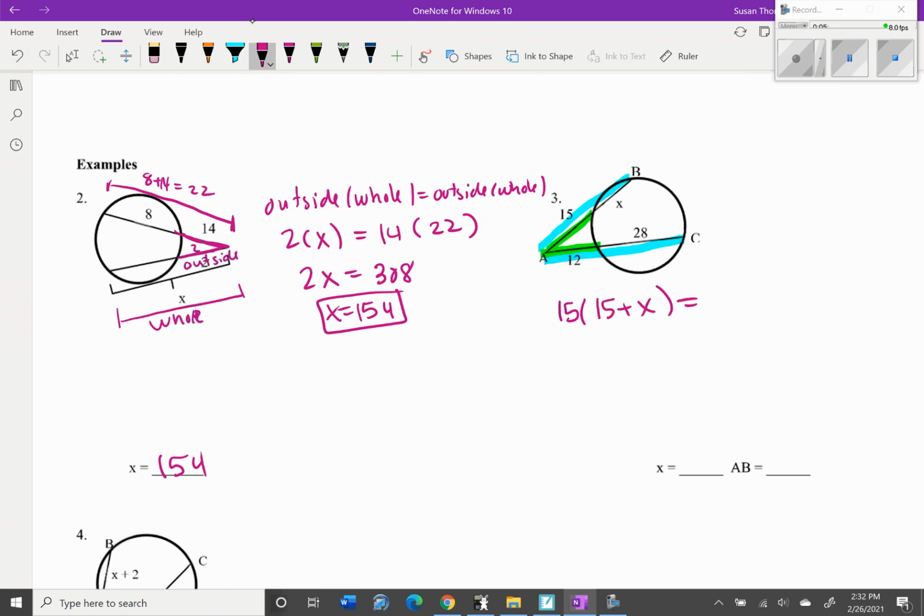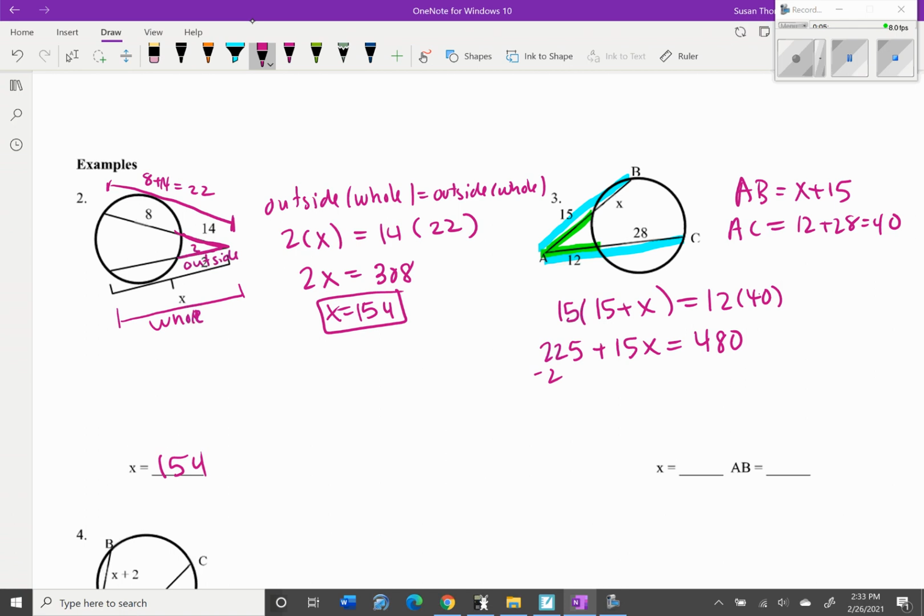Equals the outside for AC, which is 12, and the whole is 12 plus 28, which is 40. So the AB again was equal to x plus 15 and AC was equal to 12 plus 28, which equals 40. So that's the whole for both of them. When we solve, we would get 15 times 15, which is 225, plus 15x equals 12 times 40, which is 480.